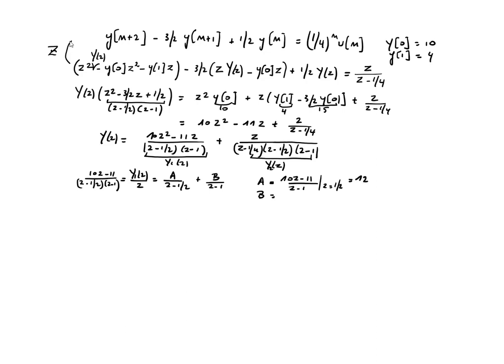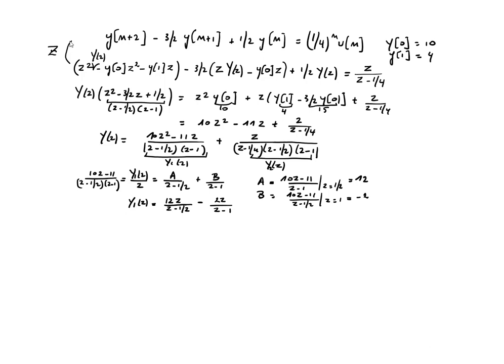And b, you'll have 10z minus 11 over z minus a half, and now z evaluated at 1, and this will give you minus 2, right? So y1 of z is equal to 12z over z minus a half, minus 2z over z minus 1.